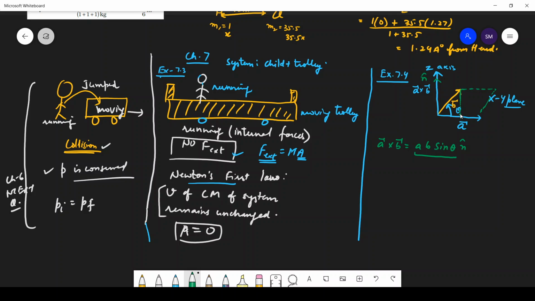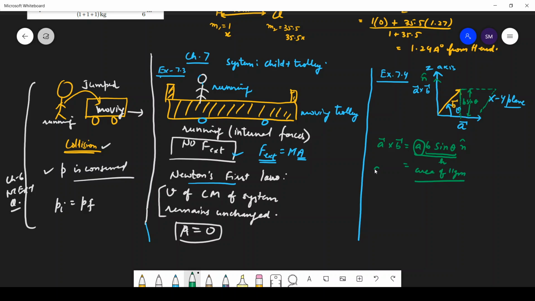So this height is B sine theta. A is your base, and this is your height. So base into height is the area of the parallelogram.